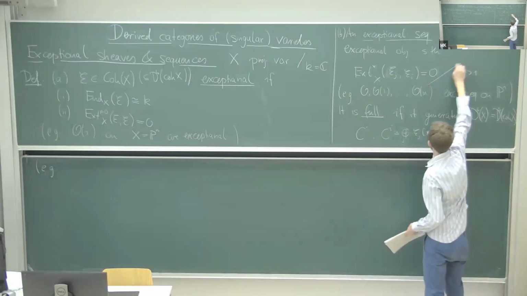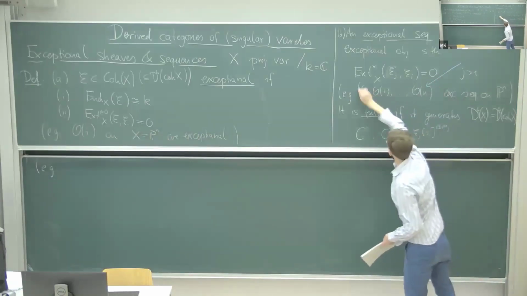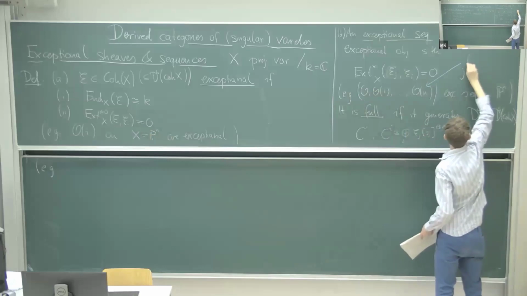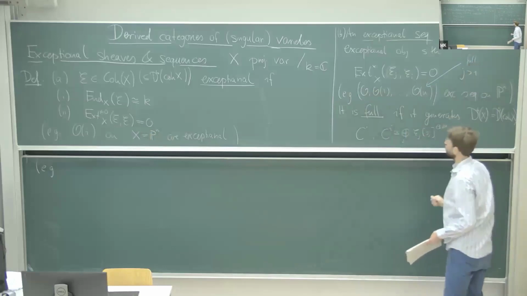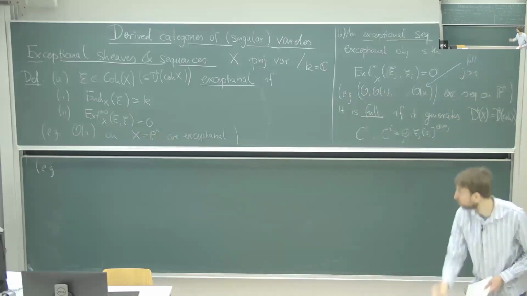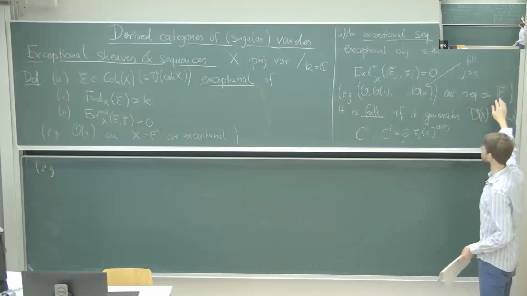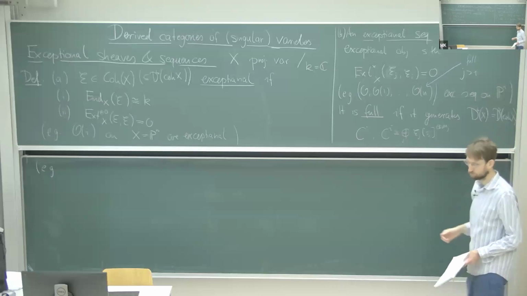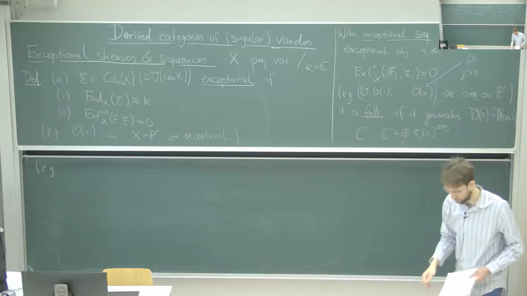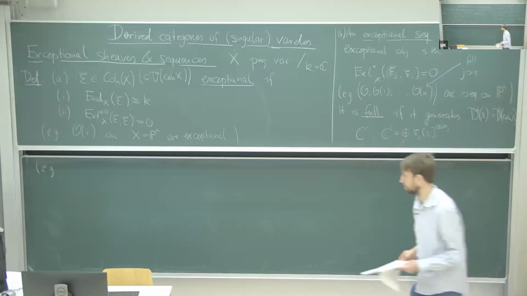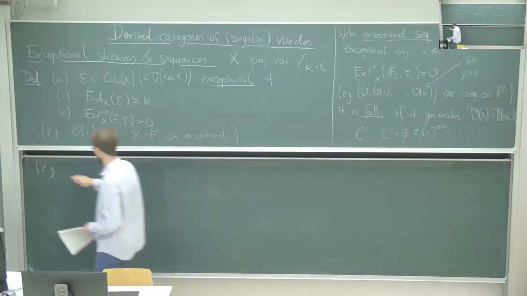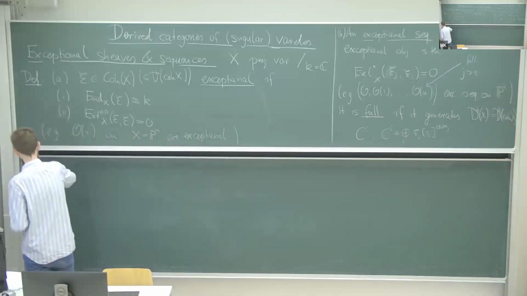So this sequence, O up to O(n), is a full exceptional sequence on P^n. This follows from the Koszul complex. Okay, so then I can continue here with the remark.